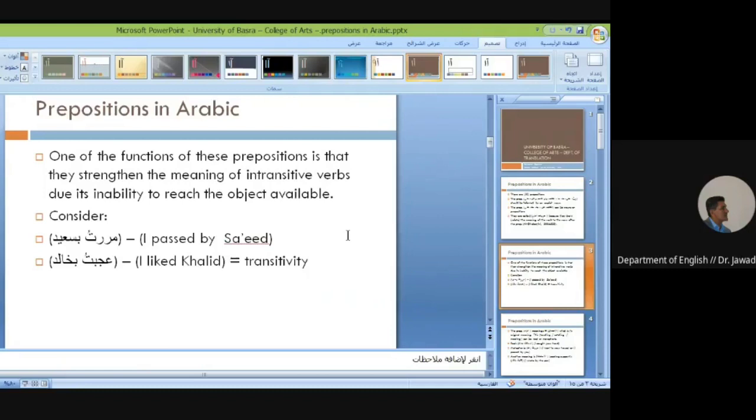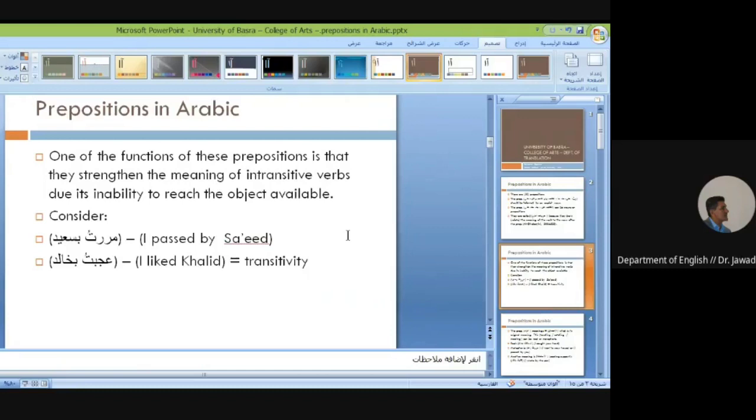For example, consider these. مررت بسعيد. Instead of مررت سعيد or سعيدا, which is somehow not acceptable in Arabic, they use the preposition al-ba as a kind of instrument to support the verb in order to take this object, Said.